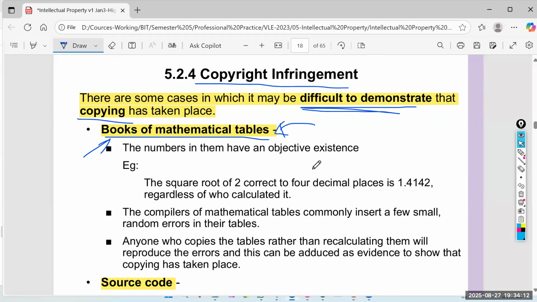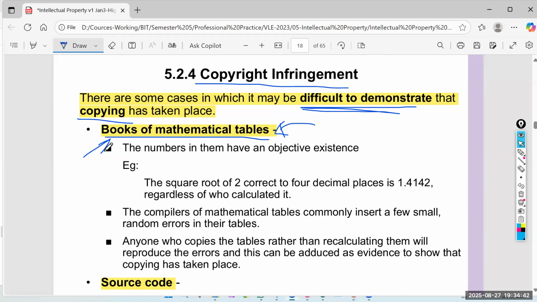It is not critical for the users, but you have identified places where you added slightly different values. Then if the other guys also have the same values, you can build the argument that this guy has copied, because these are not the exact values. These are my intentional changes, so how can this guy get the same values? That kind of trick we can use to preserve copyrights.